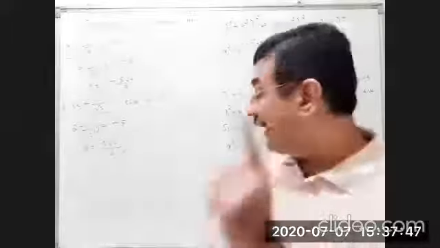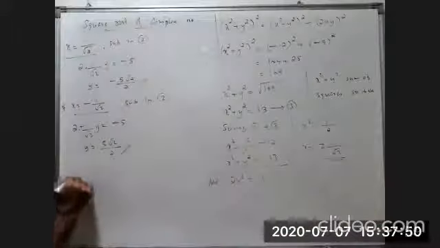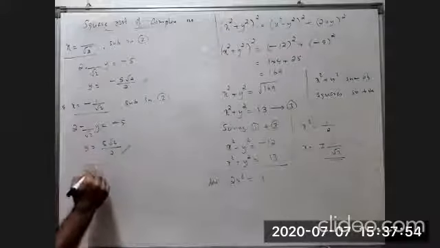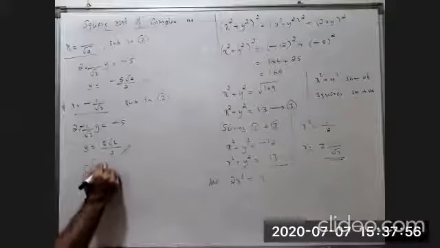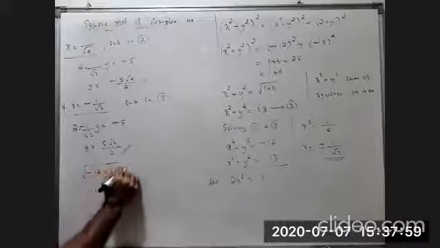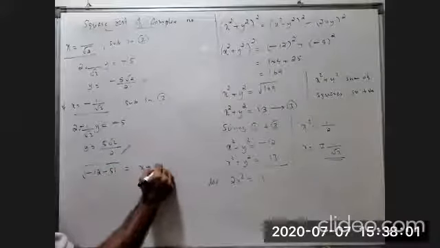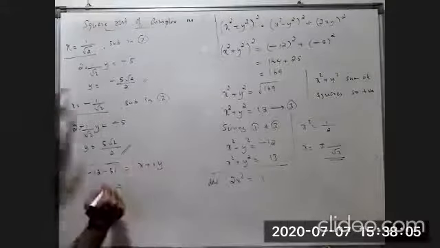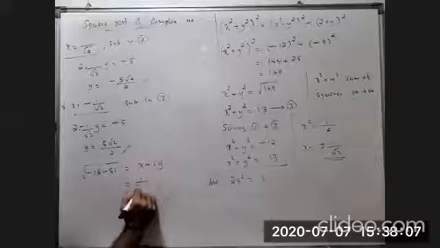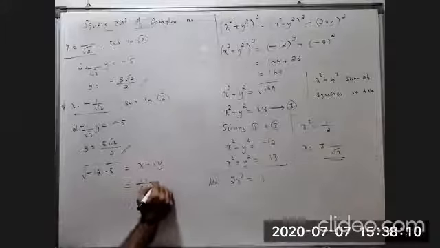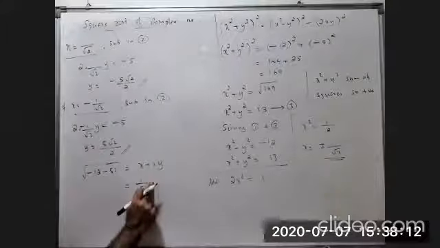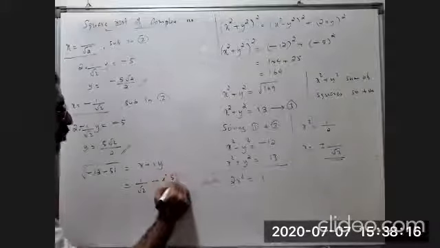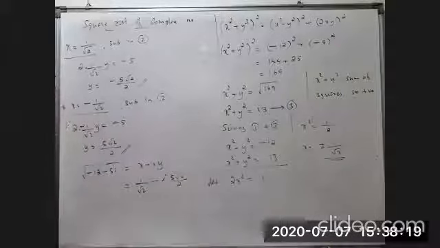Because we need to find the square root of minus 12 minus 5i, we wrote x plus iy is equal to, what is x? 1 by root 2 minus i into 5 root 2 by 2, the first value.